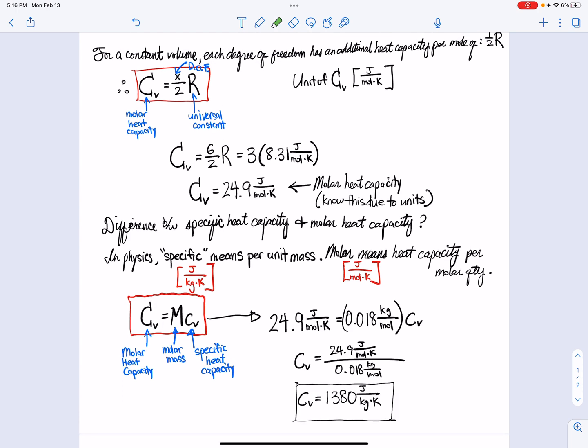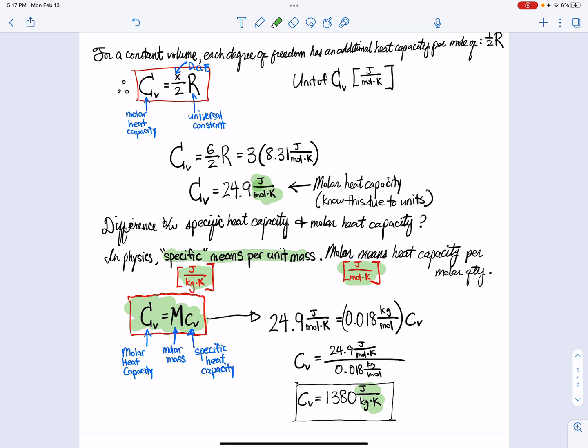And again, I'll just reiterate the difference: specific heat capacity is per unit mass, so that's the units which we see here, and molar heat capacity is the heat capacity for a molar quantity, and these are the units which we see here. We could solve for one or the other based on this formula right here.